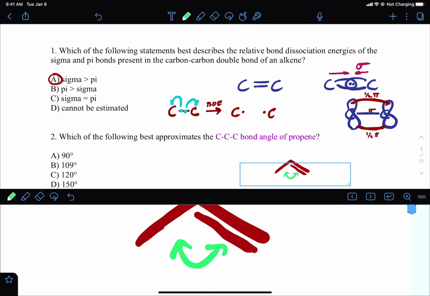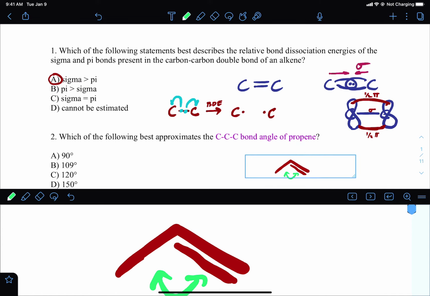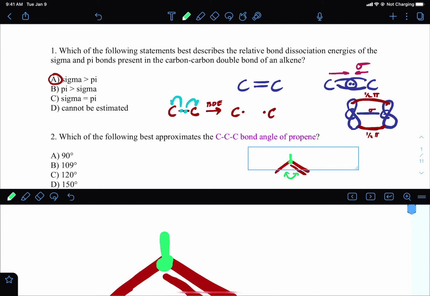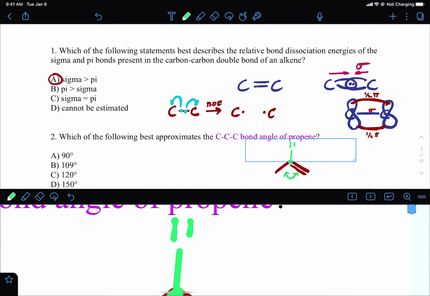Looking at this particular bond angle, the trick you have to know is that the bond angle is related to the number of electron domains around the central carbon. This carbon in the middle is going to dictate all of the angles to it, so that's the carbon we're going to focus on.